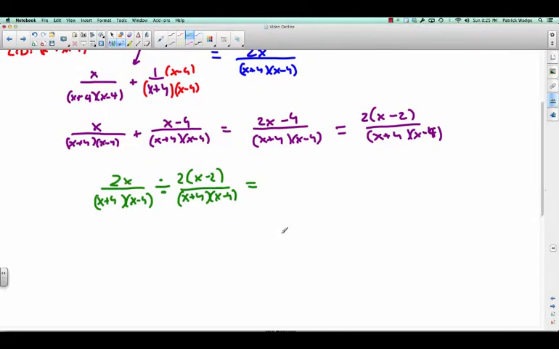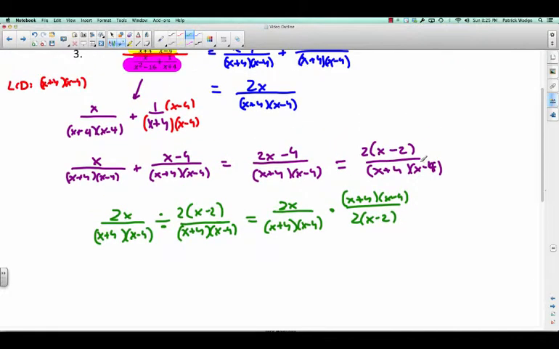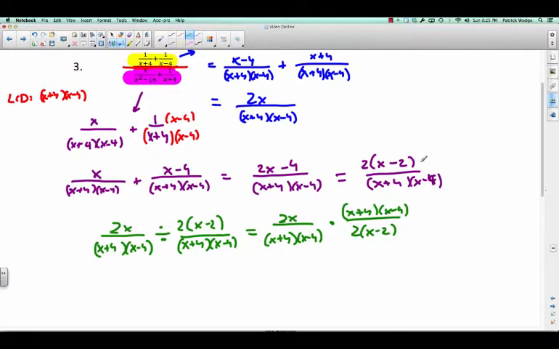Let's do our flipping here. So what you'd be left with in the first one, it just stays exactly the same. 2x over x plus 4, x minus 4, times, second one's flipping, so x plus 4, x minus 4 goes on top, and 2 times x minus 2 goes on the bottom. Let's think about our MPVs for a second here. What are MPVs? Well, remember, we have to look at all the denominators.